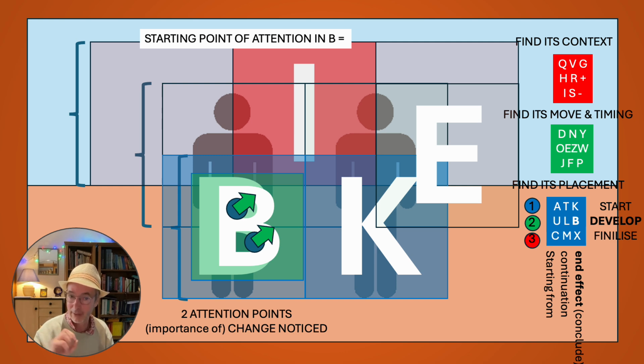You have one attention point into one focus, two attention points, two points that attract my attention, or three. Here it is a second category, the B, so it's in two points. I have two points in the vertical, and I see I have something in development, and it's going towards an end effect, towards some conclusion.